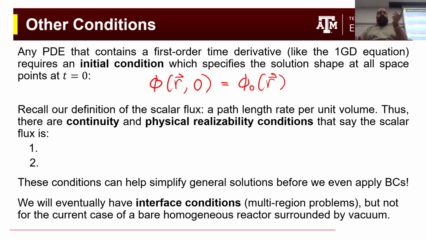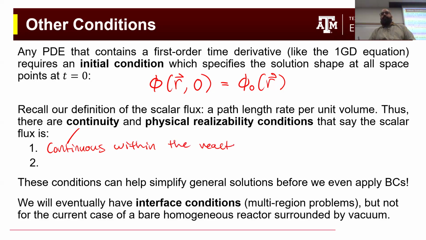For continuity, the flux has to be a continuous function within the reactor volume. That means that if I go from the center of my reactor to the outside of my reactor, that flux has to be a nice smooth function. It can't have discontinuities within the volume itself.